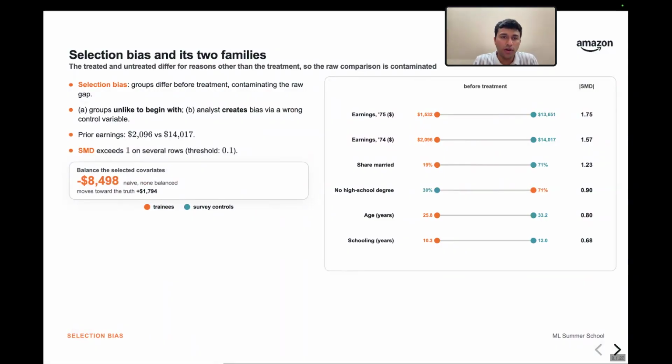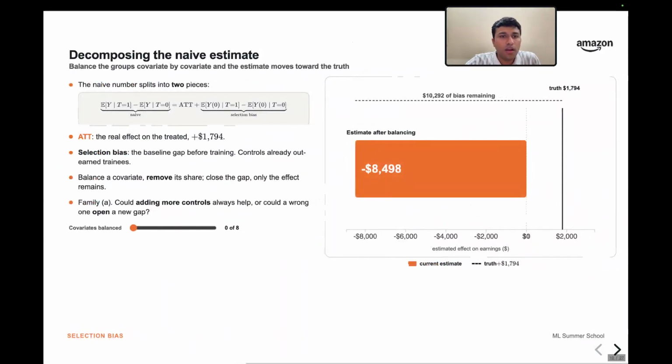So we'll quickly go over how these problems look in the real world and how we can mitigate them. If you look at the naive estimate that we originally started with, which is basically just take the average salary of people with an internship and the average salary of the people without an internship, that can actually be divided into two parts, right?